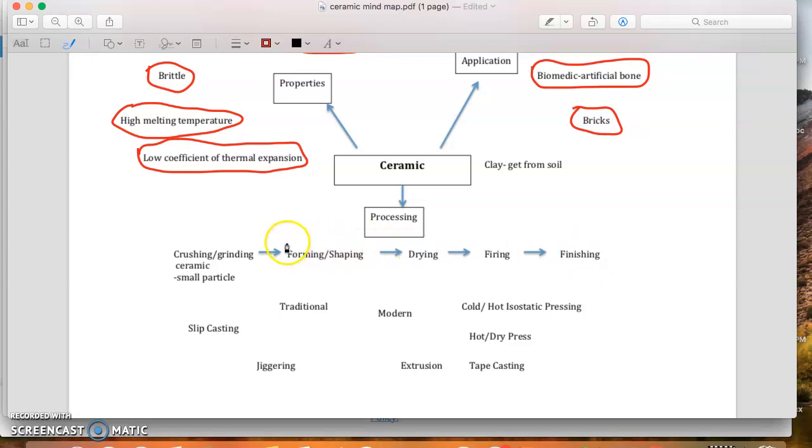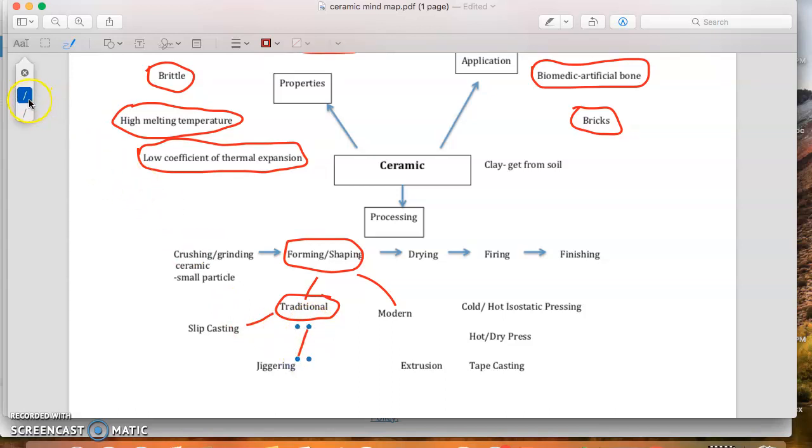For the shaping and forming process, okay, there are two methods we can apply. The first one, we can use the traditional method, and we can use the modern method. So for the traditional one, the popular methods are slip casting and also the jiggering process.